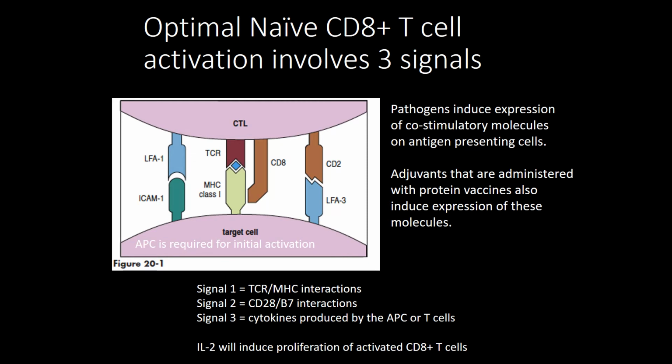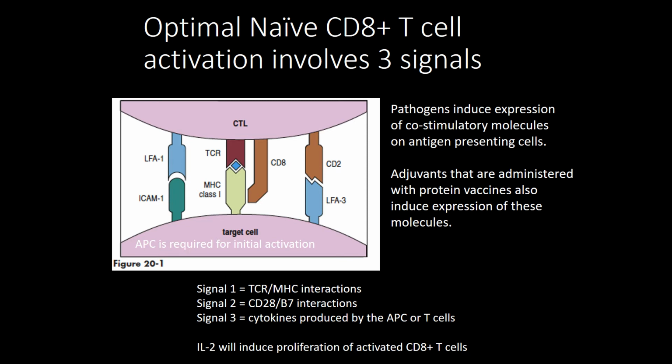Now, to activate a CD8 positive T cell, optimal activation involves 3 signals. Okay, optimal activation. They can get activated with 2 signals, but optimal activation requires several signals.